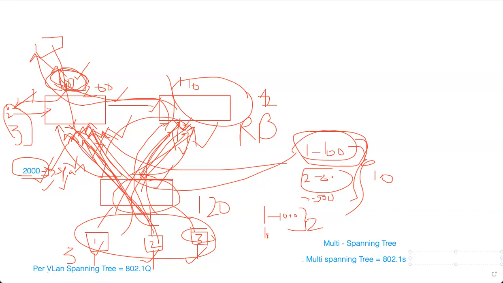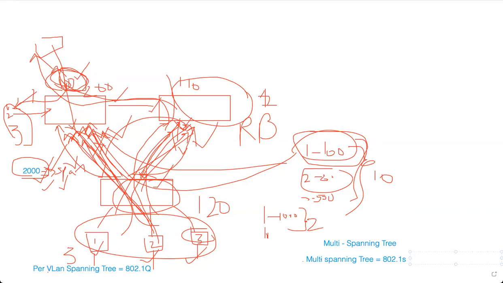And next is the per VLAN spanning tree. In per VLAN spanning tree, we can load balance both the links, because we want to use our network efficiently and load balance the traffic between both. Next up is multi-spanning tree, because of the disadvantage of per VLAN spanning tree.